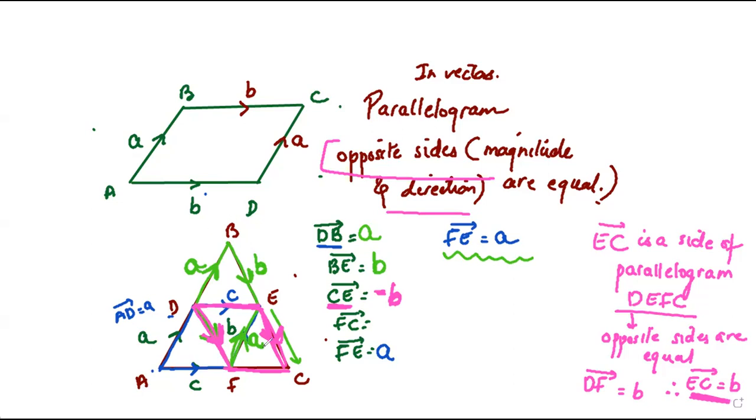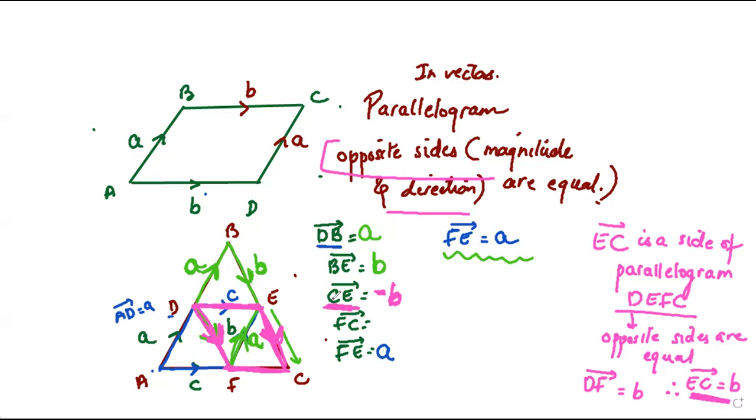So in this case, suppose I want to calculate vector C to E. I'm just focusing on vector C to E, right? So I have to find a parallelogram of which C to E is a part. Definitely this whole parallelogram DECF is a parallelogram of which vector E to C is a part. Why am I finding the parallelogram?